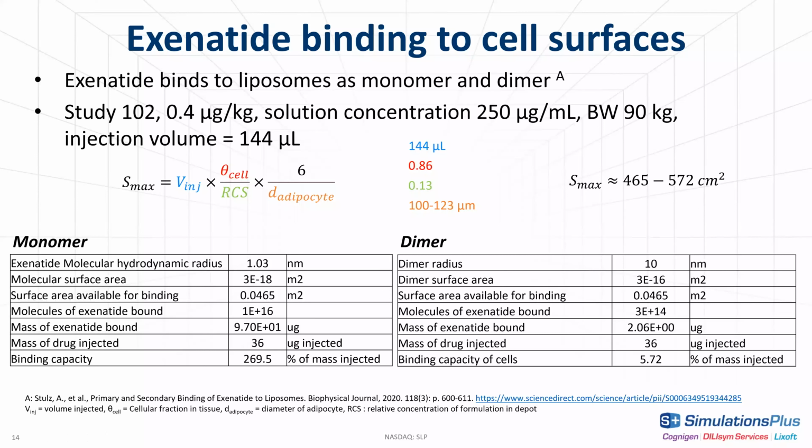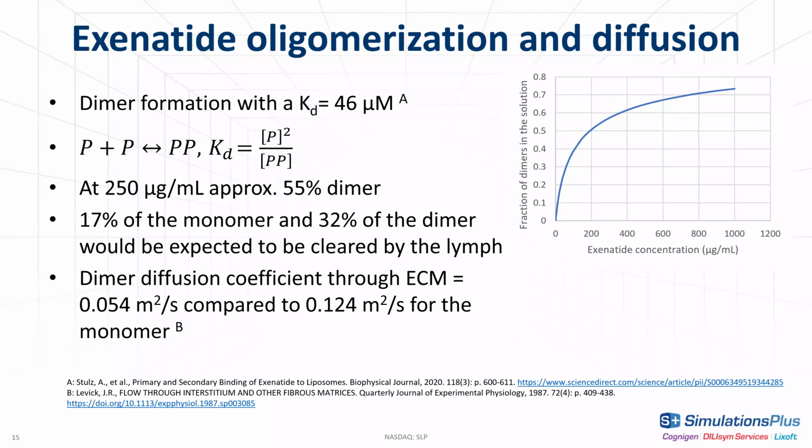The other parameter to consider is the oligomerization. Again, from the literature, we know that exenatide can form dimers in solution depending on the concentration. And the dissociation constant was actually measured and reported. So from that dissociation constant, you can solve this equation to find out the fraction of drug in the form of dimers in the solution as a function of drug concentration. For the Byetta concentration, which is 250 microgram per ml, you've got about half of the drug in the form of dimers.